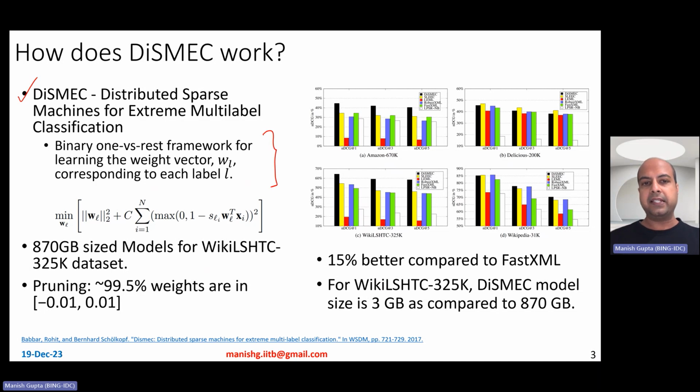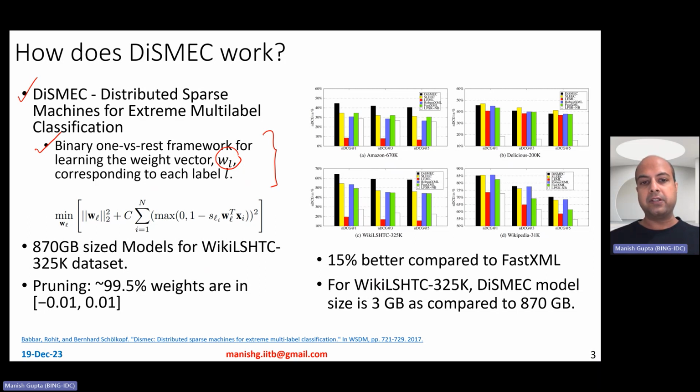For every label, I learn a specific classifier, and I learn it to ensure that it gives higher similarity to the class label to which the data point belongs, and lower similarity to every other class label. It is a binary one versus rest framework for learning a weight vector WL corresponding to every label L.